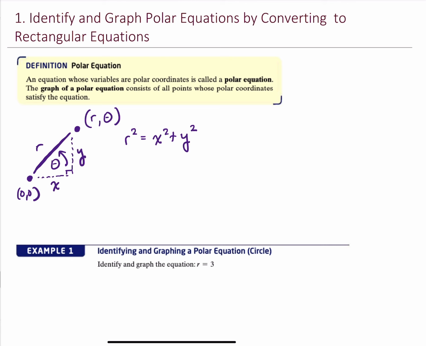We saw last time, if you take the sine and cosine of theta and rearrange the statement a little bit, we get that x is equal to r times the cosine of theta, and y is equal to r times the sine of theta. And then we can also say the tangent of theta is equal to y over x. So we can use all of these to translate between rectangular and polar equations and coordinates. So let's go through a few examples using this.